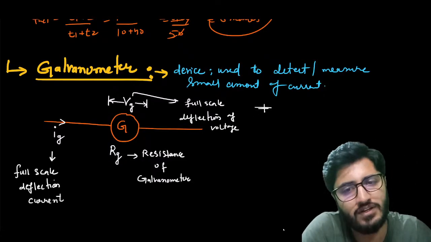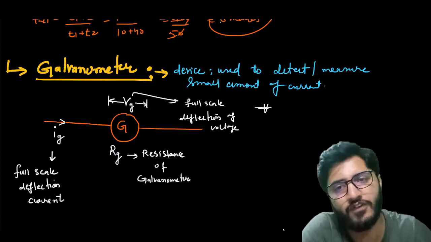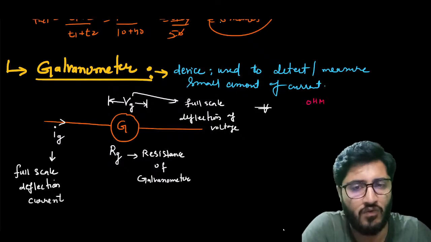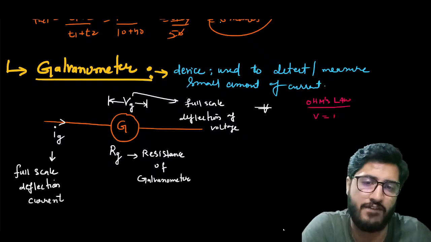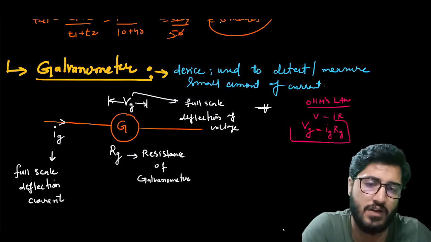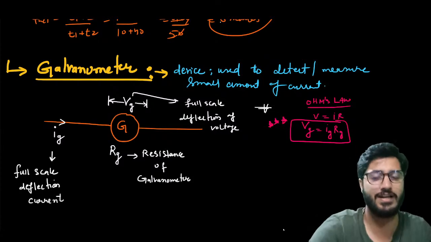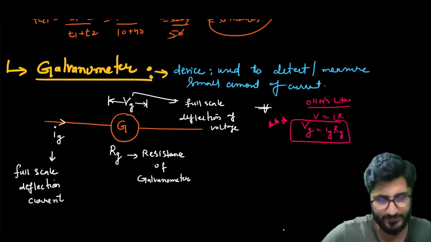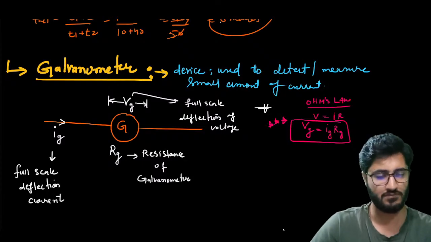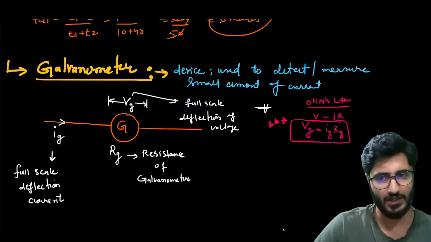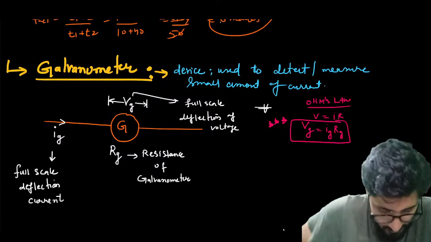So one thing that we know from Ohm's law is V equals IR. It is not V, it is VG. It will be IG and RG. So we have to use this equation in our galvanometer topic. Okay, this is all about our galvanometer.